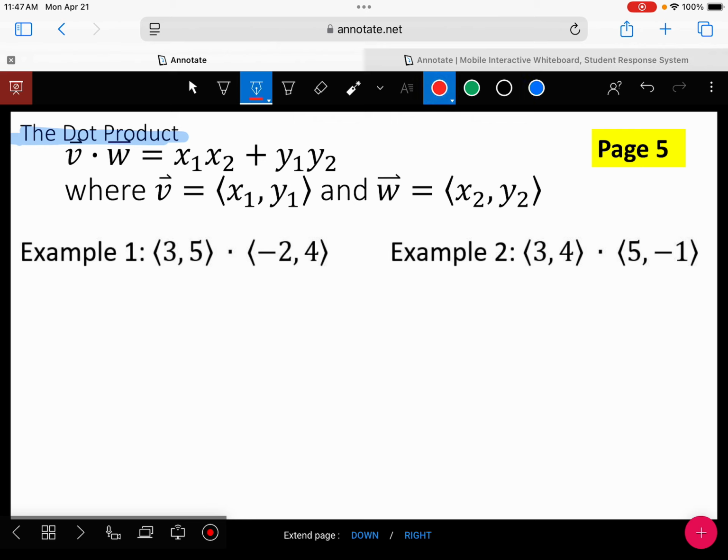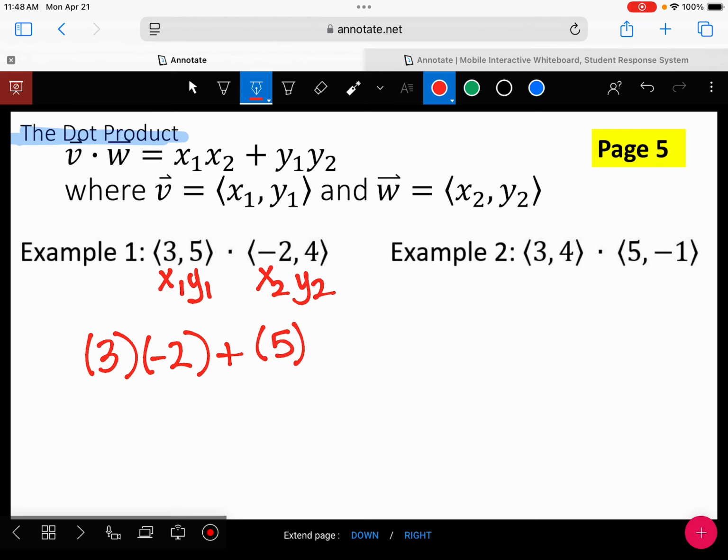I'm going to call this first vector x1, y1, and this is x2, y2. I'm going to multiply my x's, so that would be 3 times negative 2, plus, and then I'm multiplying my y values, 5 times 4.